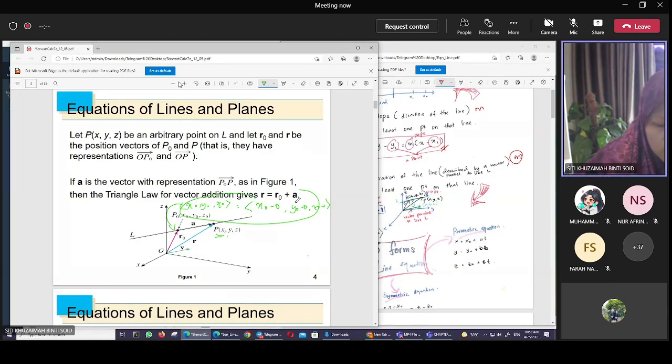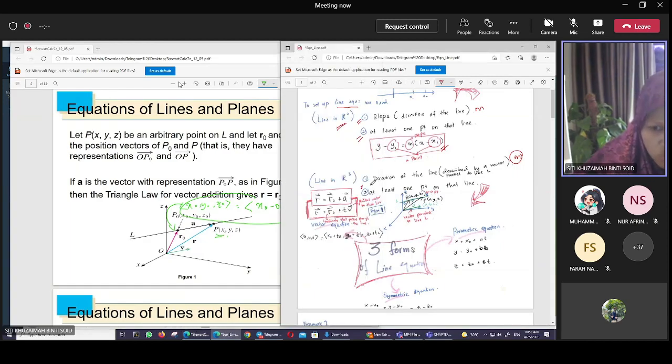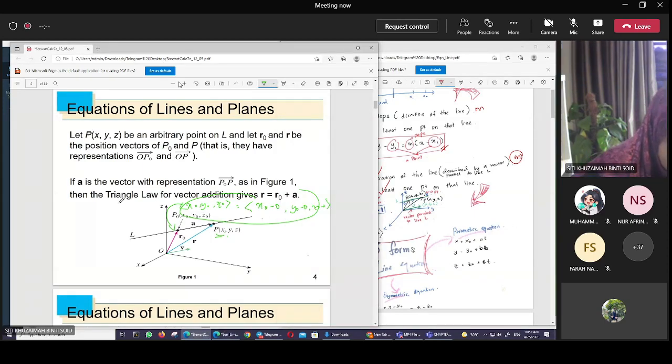What we are discussing is how to set up the equation of a line, and bear in mind that we need these two pieces of information. We are now in the process of setting up the equation of the line. What equation should be used? He is explaining it now. So this R equals this.